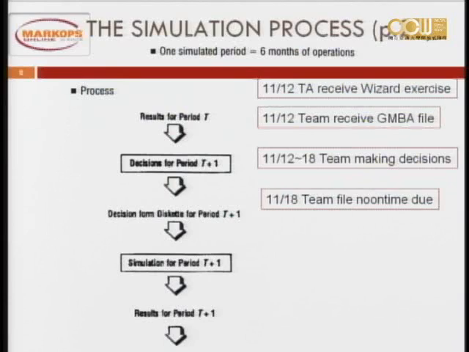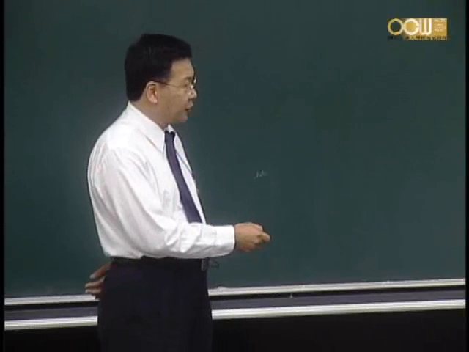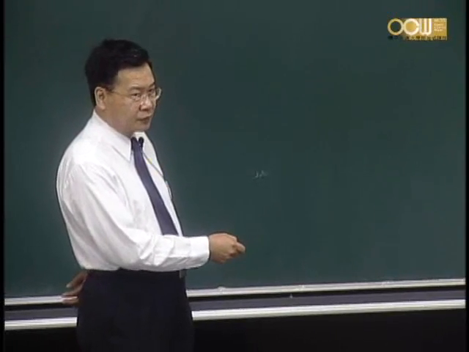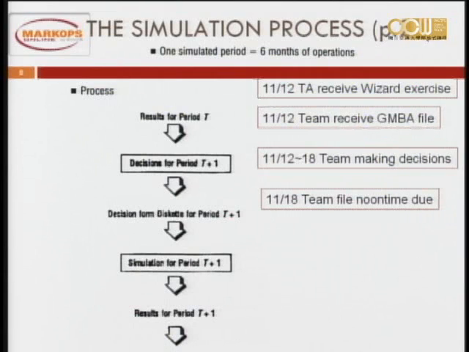That's the due day. Don't be late, because if people keep moving, you are just far behind. We cannot wait for you. So these are period 0, then period 1, then the decision from that one. The TA will send it to you.